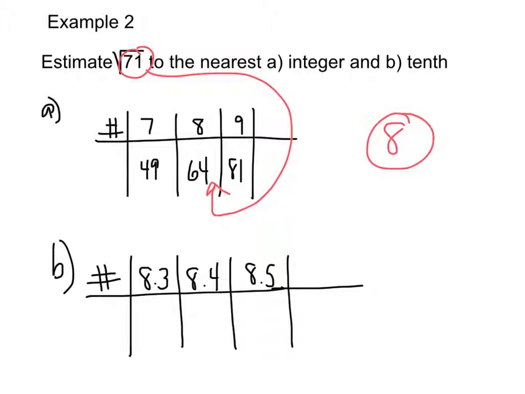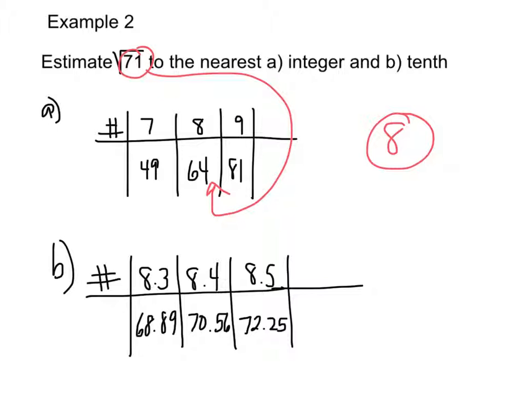Because you know that 71 was closer to 8 than it was to 9, so you're going to choose the lower end of the 8s. If you square 8.3, that gives us 68.89. 8.4 squared gives you 70.56. 8.5 squared gives you 72.25.